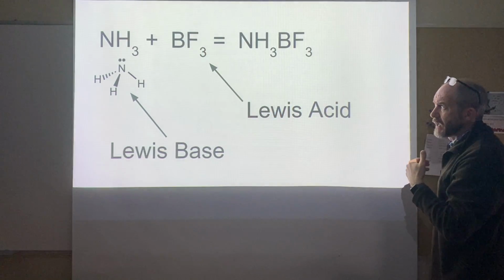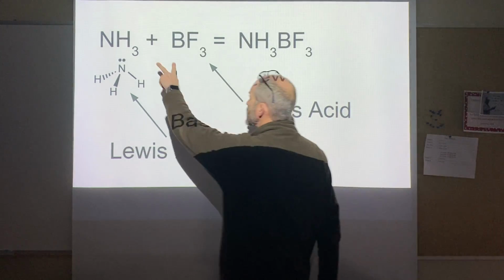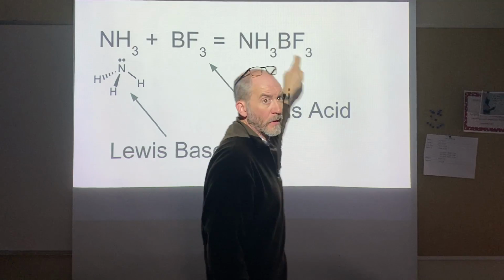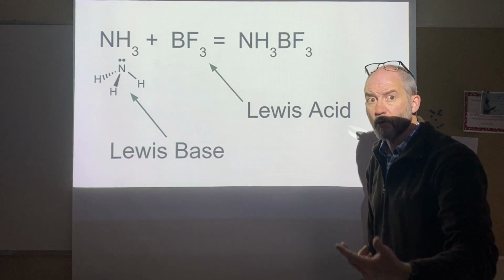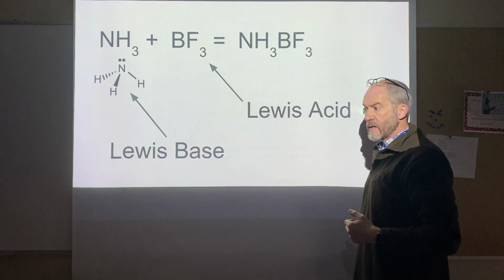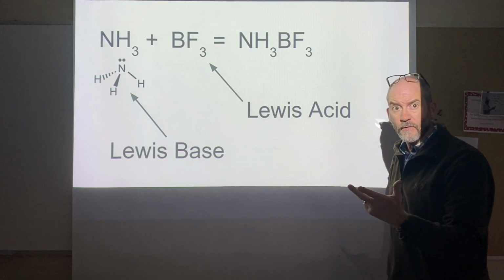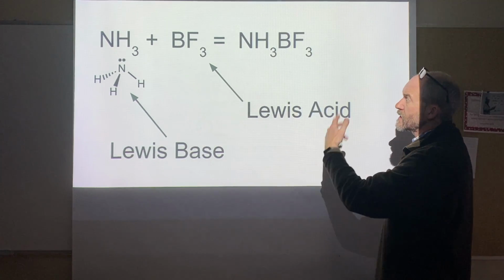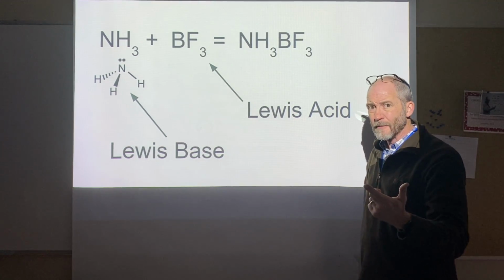Look at the equation. You can see that these two things essentially join together, right? If I was going to go back to what I learned about chemical reactions in this class, does that look like a combination? I don't see any OH minus, I don't see any H plus, and I don't see the transfer of any H plus. So if I don't see those things, I obviously don't see Arrhenius, and I don't see Bronsted-Lowry.